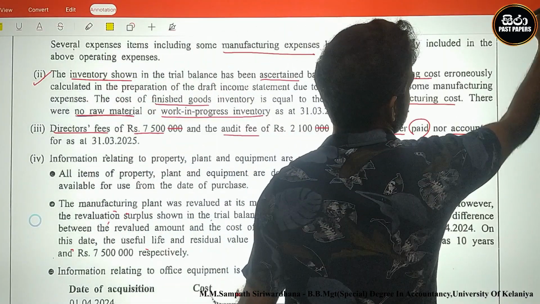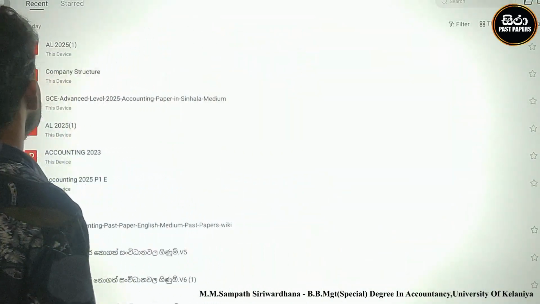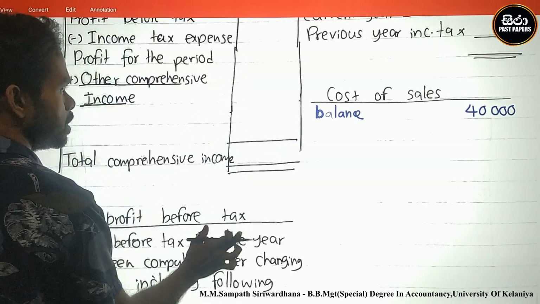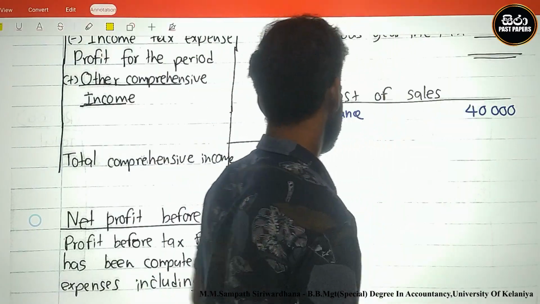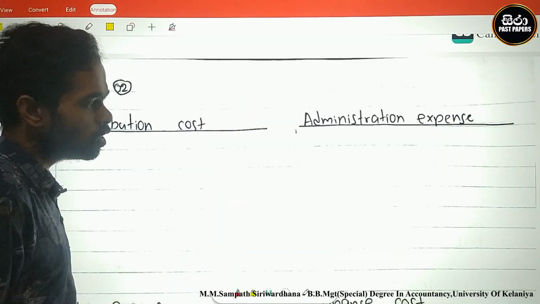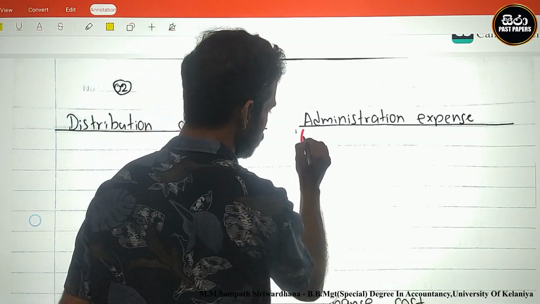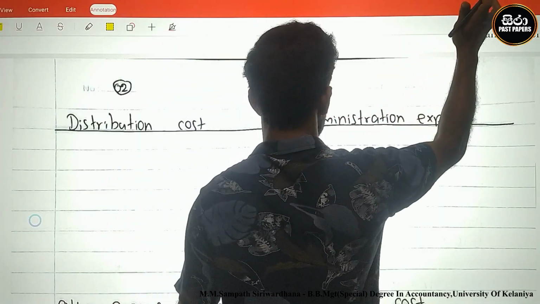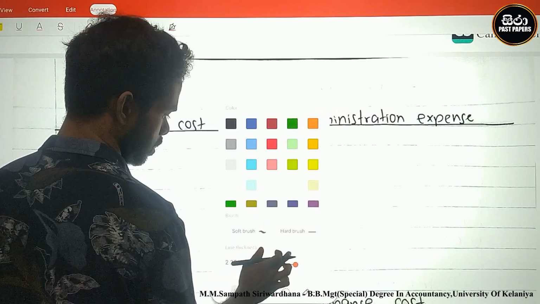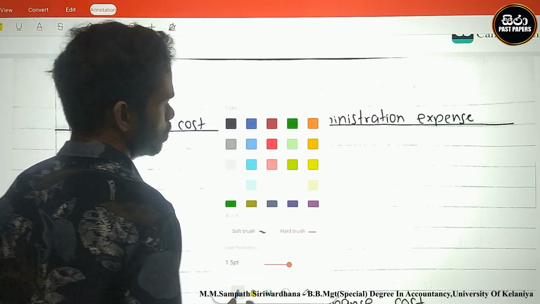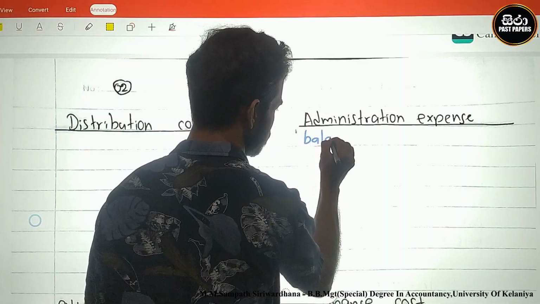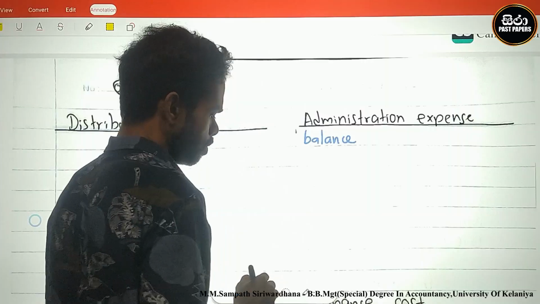Okay, look here. Company structure, this is the answer sheet. Okay, the administration expense is on the second page. This is administration expense. First of all, we must identify the balance of administration. What is the balance?